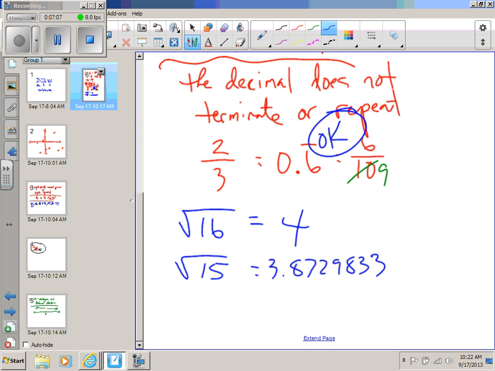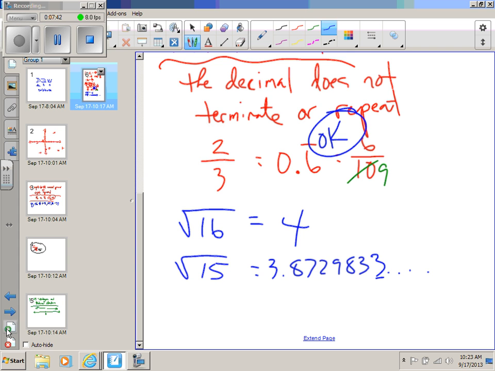Does this follow any specific pattern? Could I use bar notation to show that this is repeating? Why does it stop at this 3 on the calculator? Because it only has so much room. This thing will go on and on. That would not be considered rational. So if you don't have the perfect square inside of your square root symbol, that's a case where you'd see it not being a rational number.